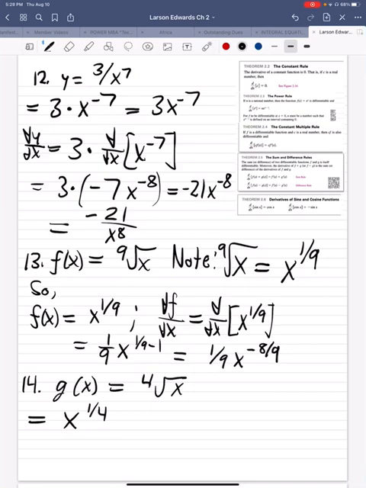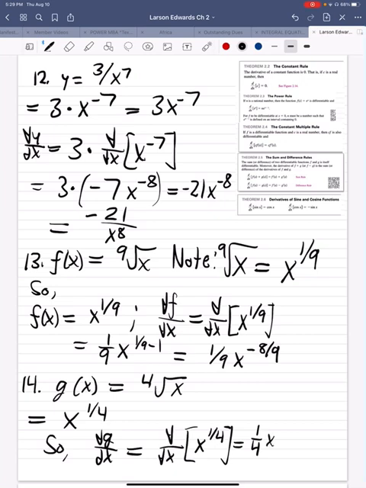So dg dx is equal to the derivative of x to the 1/4. You're a pro at this by now, so we take the old power, a quarter, in front. So we have 1/4 x to the 1/4 minus 1, which is negative 3/4. There's our derivative.